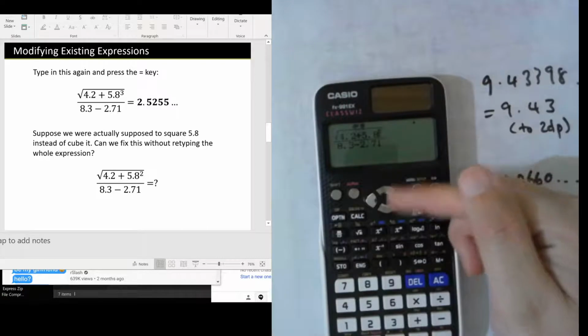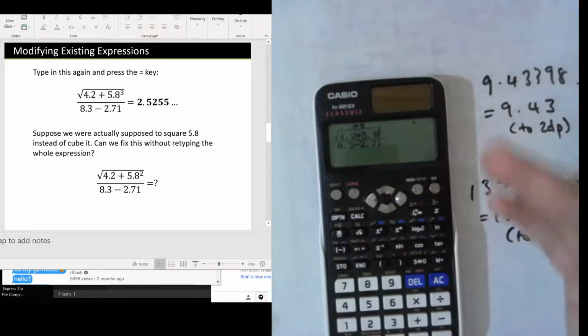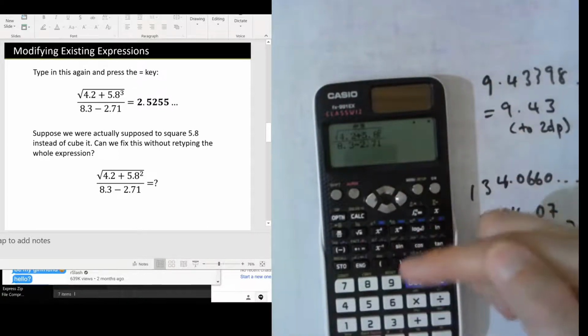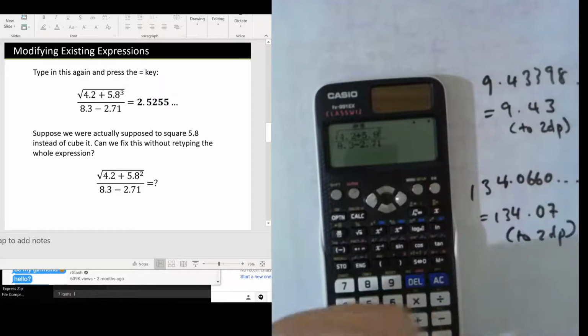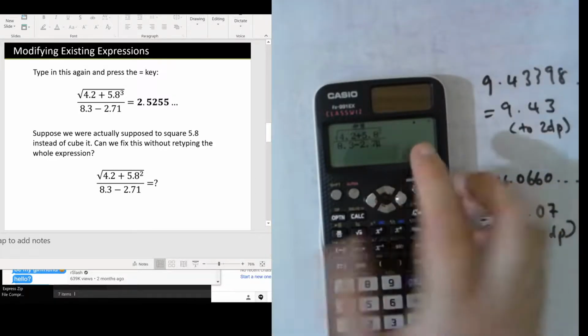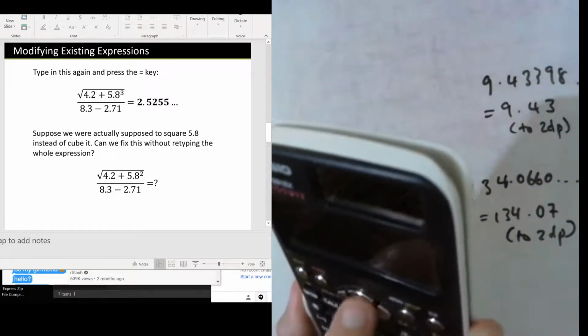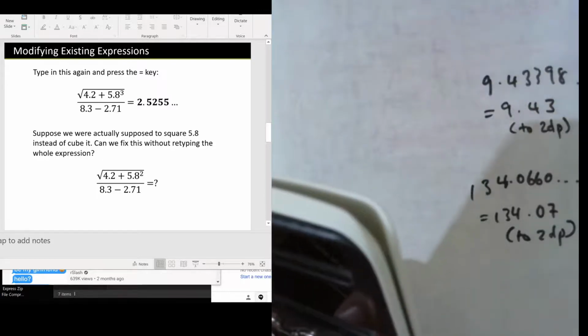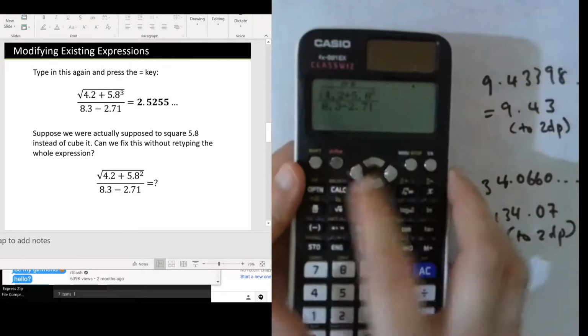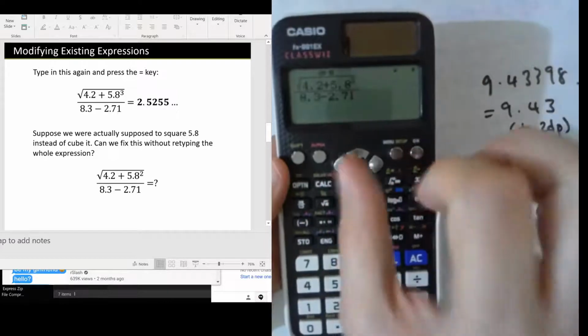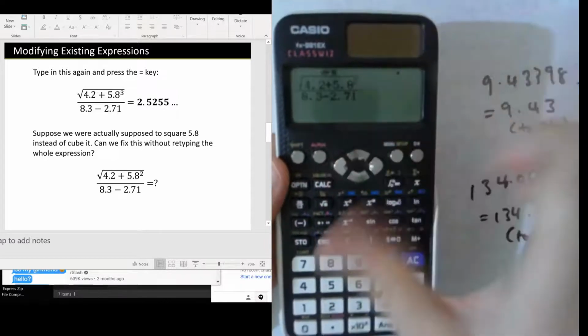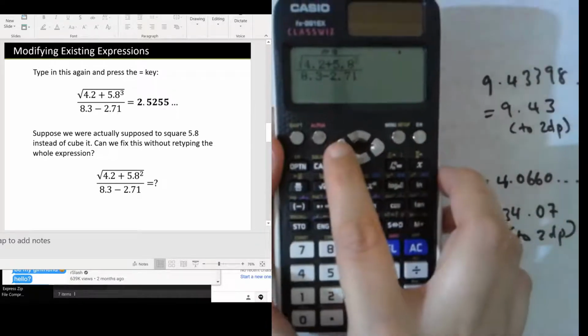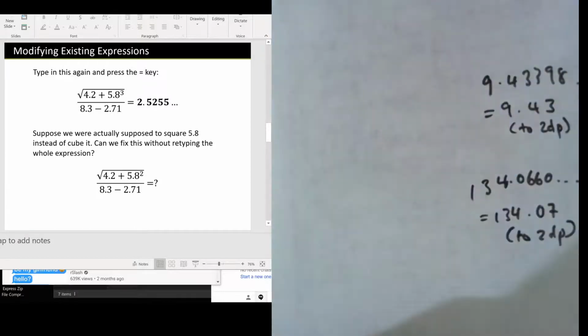If you use the up and down buttons, it goes between the different calculations you may have done. So you can see all the previous ones, but I'm already in it, that's why it's not liking it. Okay, but if you move the arrows around, once you're in there, if you press the left button, it will go into the equation, and then you can just press delete and type 2.